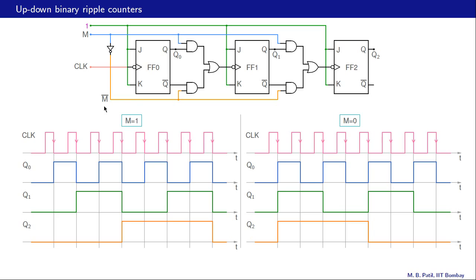Let us consider the case that M is 1 first. In that case M bar is 0 and the output of this AND gate is then 0, and therefore the clock for FF1 is the same as Q0 in that case, and similarly we will find that the clock for FF2 is the same as Q1.